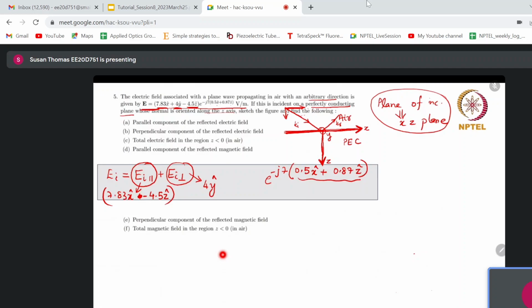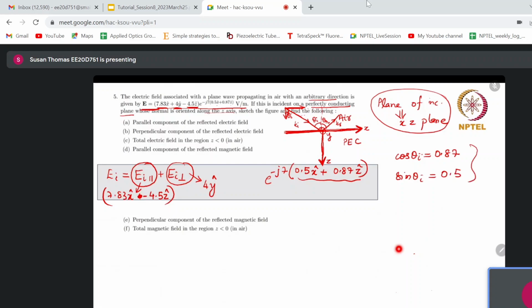Now let's draw the angle also. This is theta I. This is theta R. If this is theta I, then this is also theta I. The z component is the cos theta component, so cos theta I is equal to 0.87 and sin theta I is equal to 0.5.